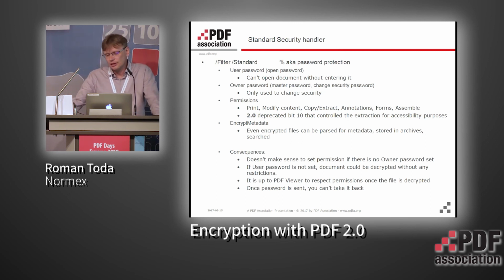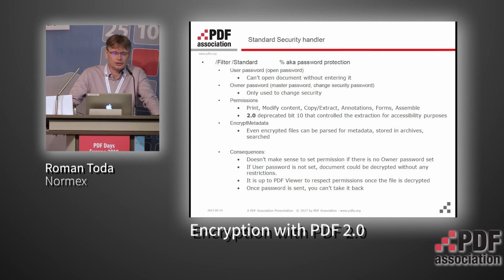Very quickly, I would touch on the 2 basic schemes that are introduced in PDF. One is standard security, so-called password protection. You define it in the encryption dictionary, identified via the filter Standard, and you can use 2 different passwords. One is the user password, also known as the open password.